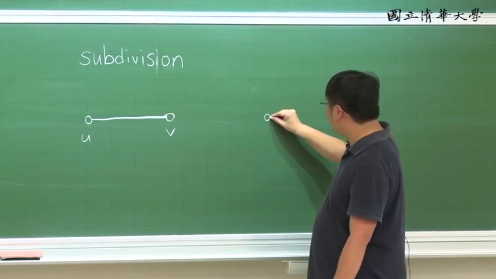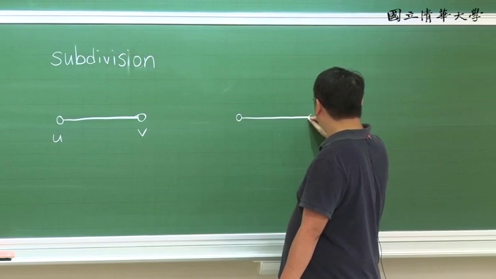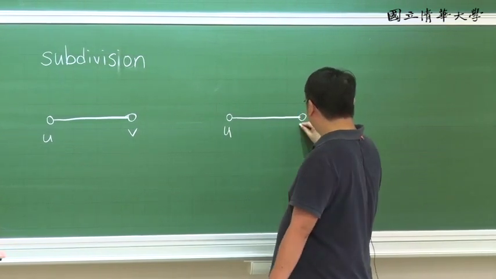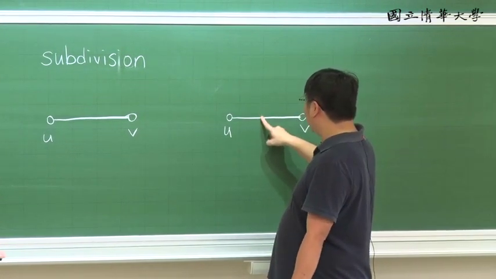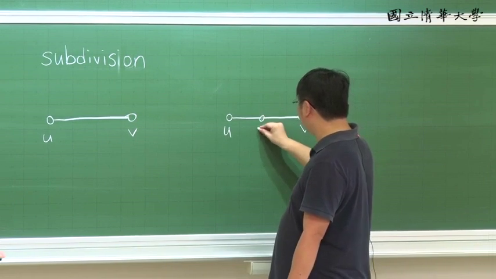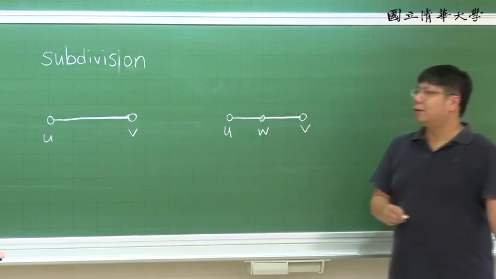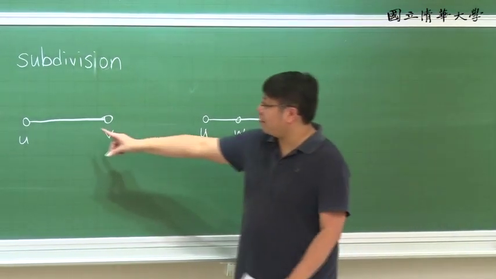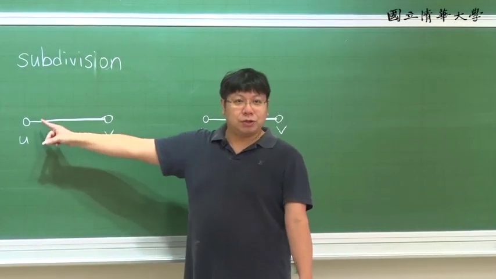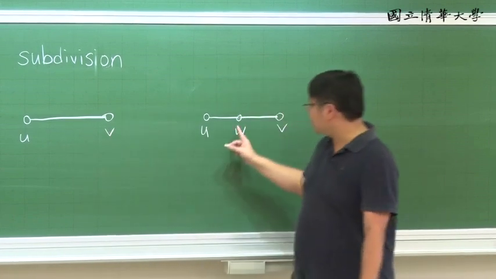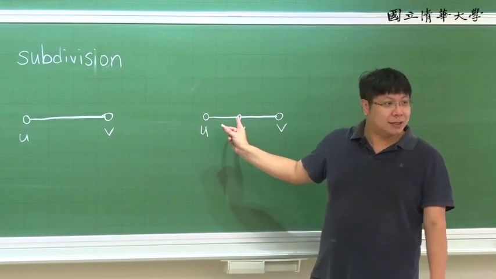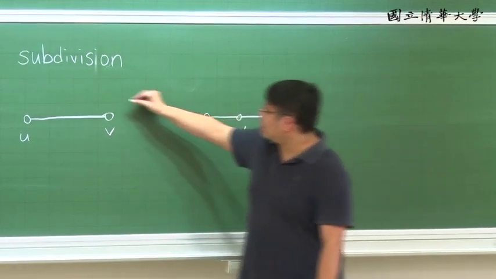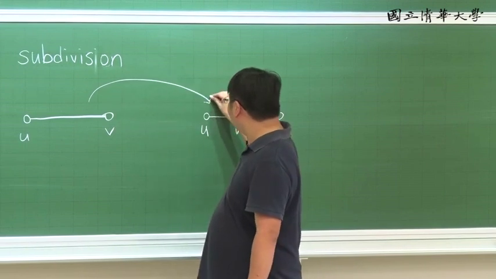So we have U and then V, and then we add a vertex inside. Let's call it W. So we are going to divide this single edge into two edges, like this. This is called subdivision.